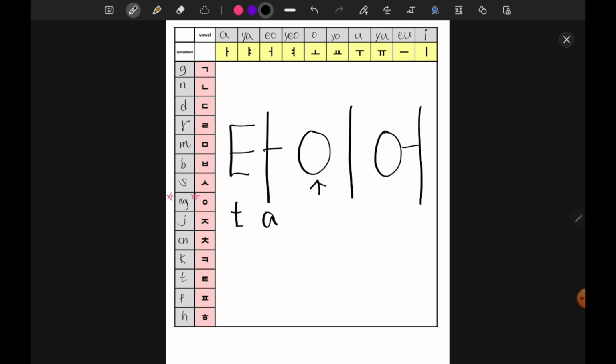It has no sound in the word initial position, so you can just read the following vowel. 아, 이, 어. 타, 이, 어. 타이어. Yes, English has a similar pronunciation.